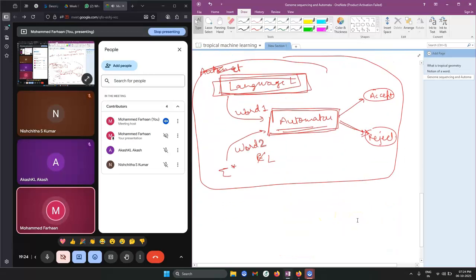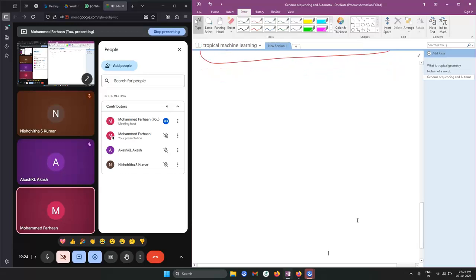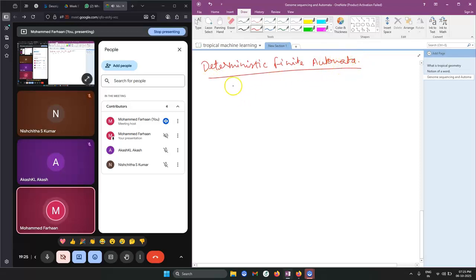Now let's see. What I'm going to define now is a deterministic finite automata. A deterministic finite automata is basically the following. I'm going to have a set of states. I'm going to have a starting state S0.